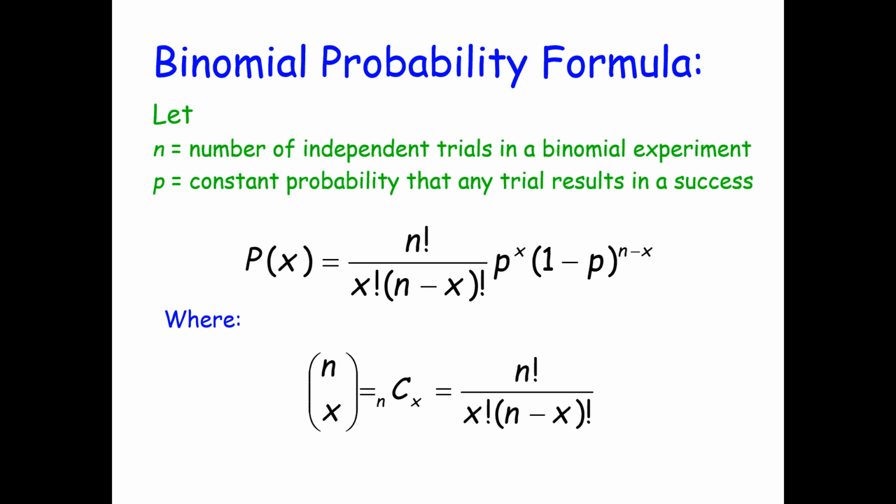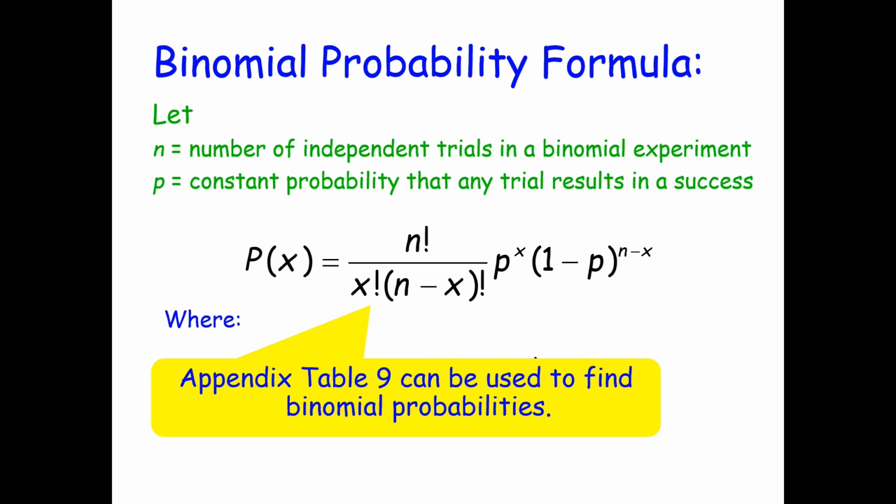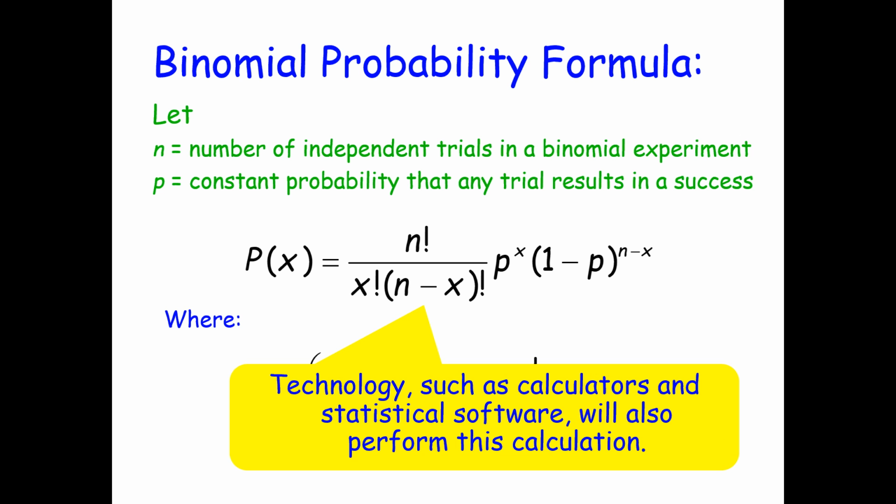Now, if you've got your book, Appendix Table 9 can be used to find binomial probabilities. Technology, such as calculators and statistical software, can also perform these calculations.